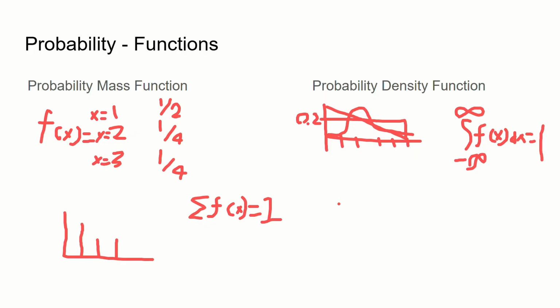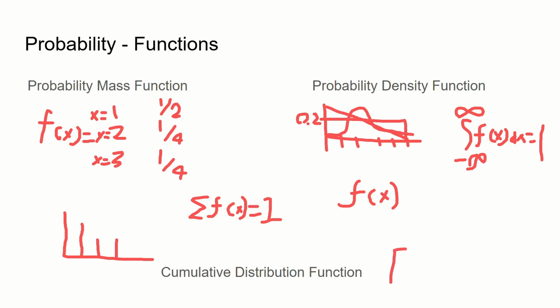So generally, the function of x will be a continuous function rather than a discrete function like the probability mass function. And then these sums adding up to 1 are something like the cumulative distribution function. So this would be, if we added up all the values, what's the chance that we're smaller than 3?